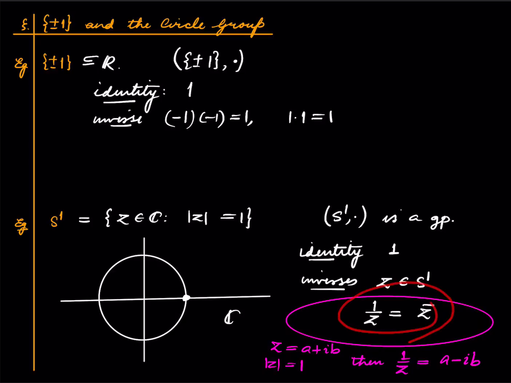This is more cogent, you could say. Anyway, so since that guy has magnitude 1, this guy also has magnitude 1, and therefore Z bar indeed lies in S1. So everything in S1 has an inverse in S1, and therefore S1 is a group.